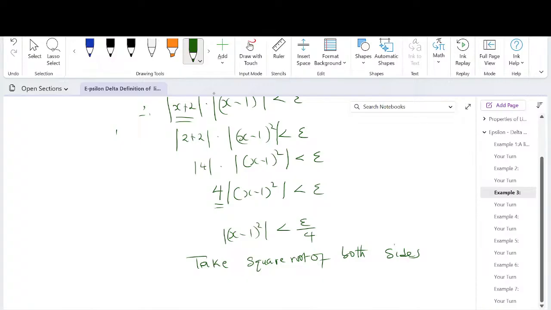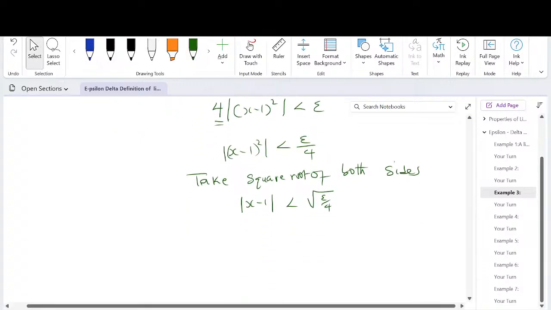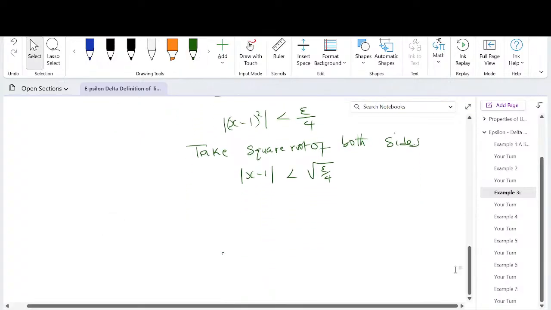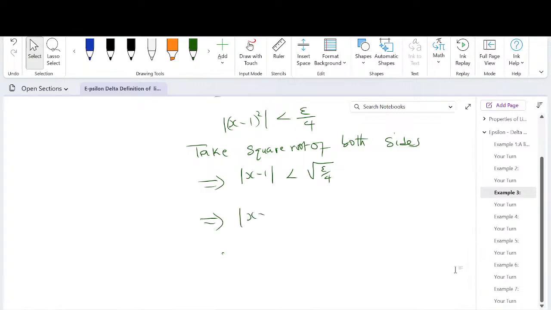So this gives us the absolute value of x minus 1 less than the square root of epsilon over 4. It implies the absolute value of x minus 1 is less than the square root of epsilon over 2, since the square root of 4 is 2.